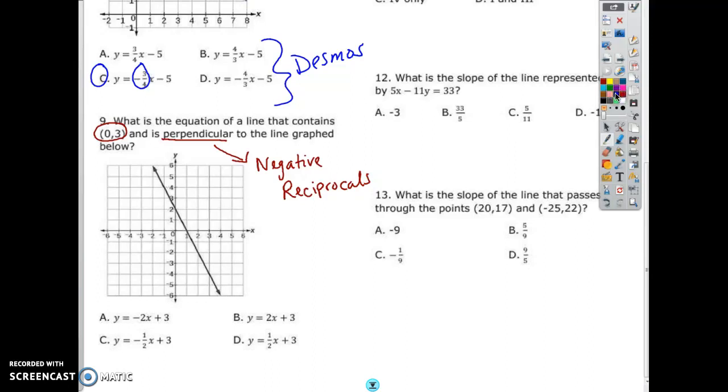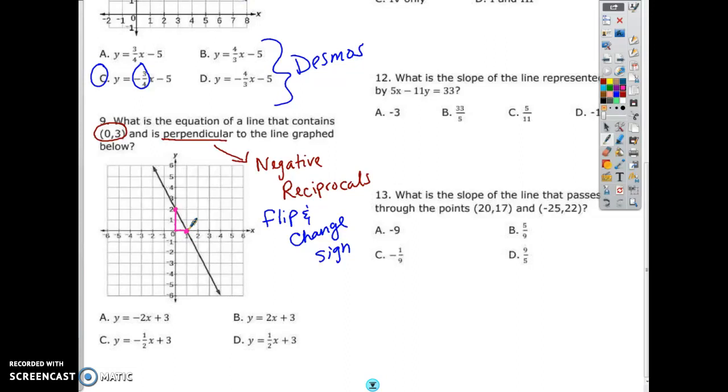Flip and change the sign. So first of all, I need to find out what the slope of this line is. So I'm going to pick two pretty points, and I'm going to do the rise from left to right. The rise over run. Okay?